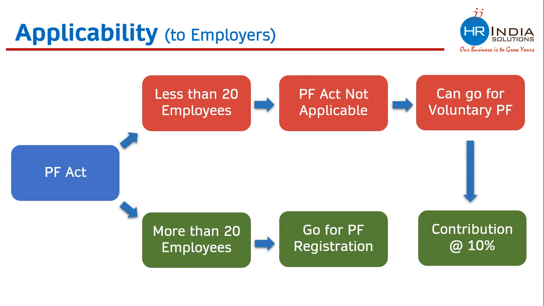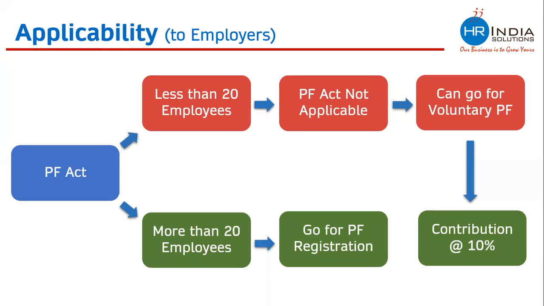All those companies who are going for provident fund by choice, having fewer than 20 employees, can take this PF code and the act can apply to them as well, but they would be paying only 10% as PF contribution. The rest of the companies are paying 12%.